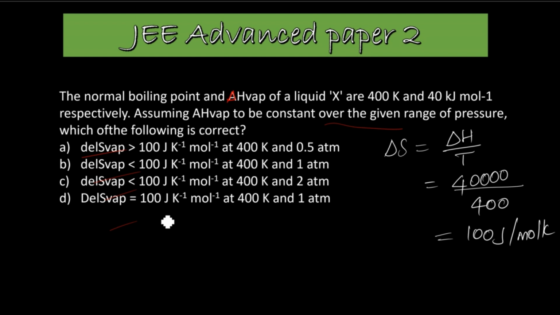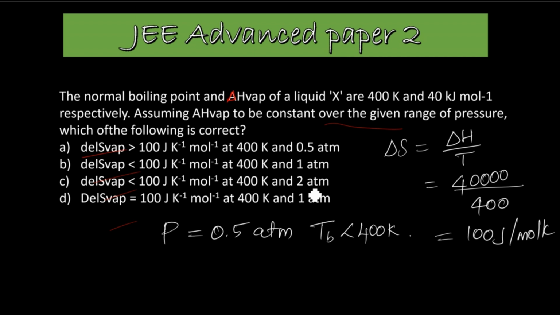Okay, 100 is right. But what will happen if the pressure changes? Let's say the pressure is 0.5. If the external pressure is decreasing, what will happen? The boiling point temperature, TB, will be less than 400 Kelvin.